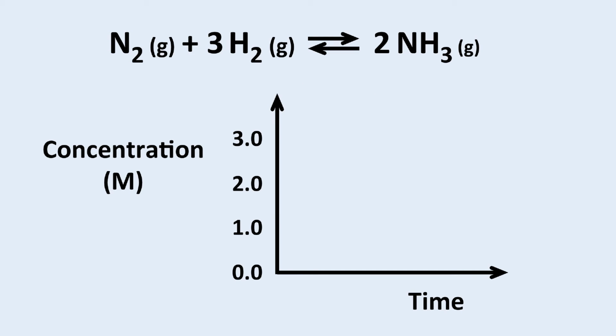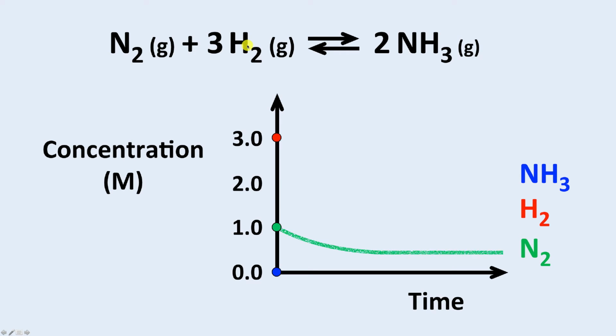Now we can look graphically at what occurs if we were to start with no ammonia in our container, and we put in an initial concentration of 1 molar nitrogen and 3 molar hydrogen. If all we have are nitrogen and hydrogen, the substances on the left-hand side of this chemical reaction, the only thing they can possibly do is make ammonia.